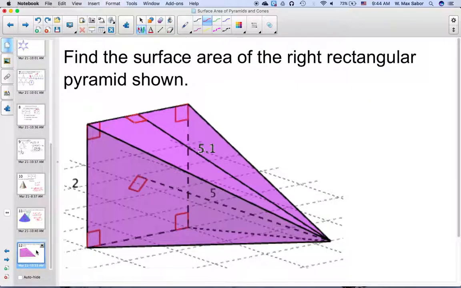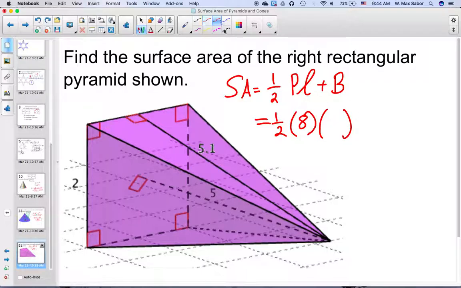Find the surface area of the right rectangular pyramid shown. It's actually a square pyramid, but the surface area is 1/2 perimeter times the slant height plus the area of the base. The perimeter is 2 plus 2 plus 2 plus 2.